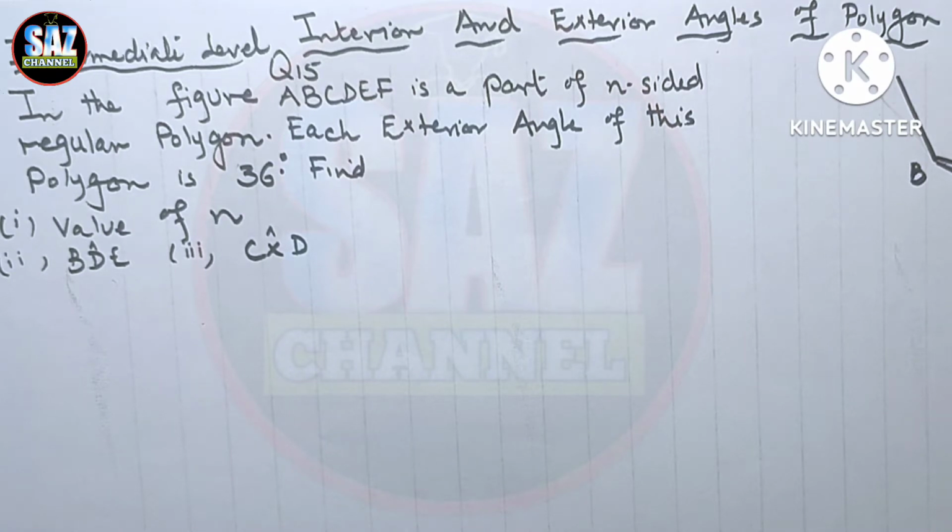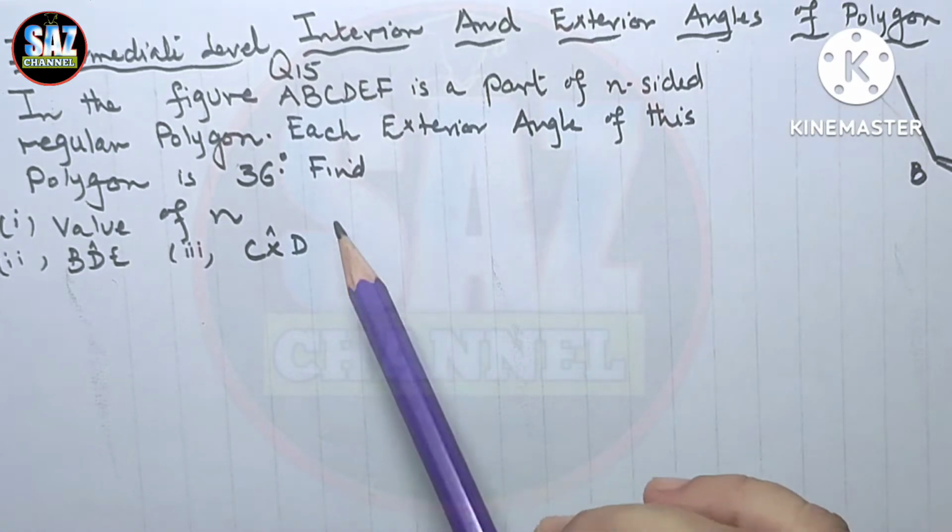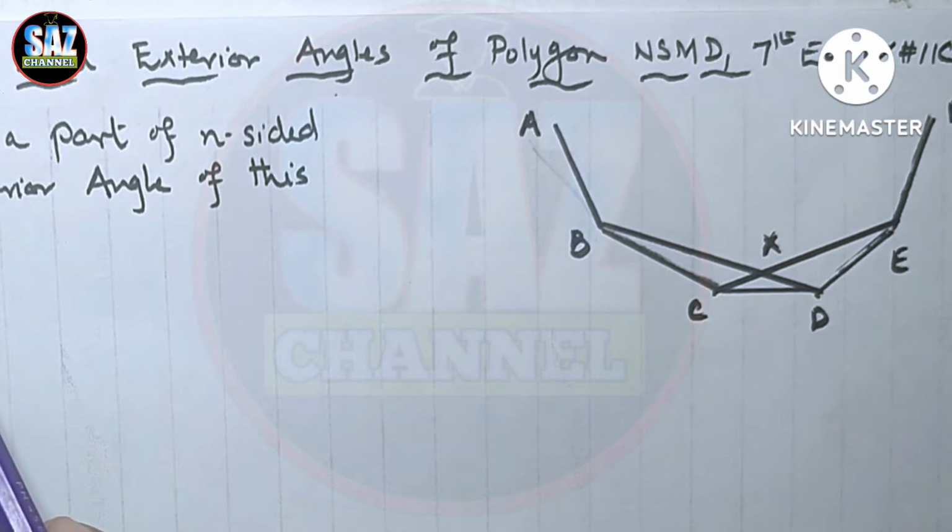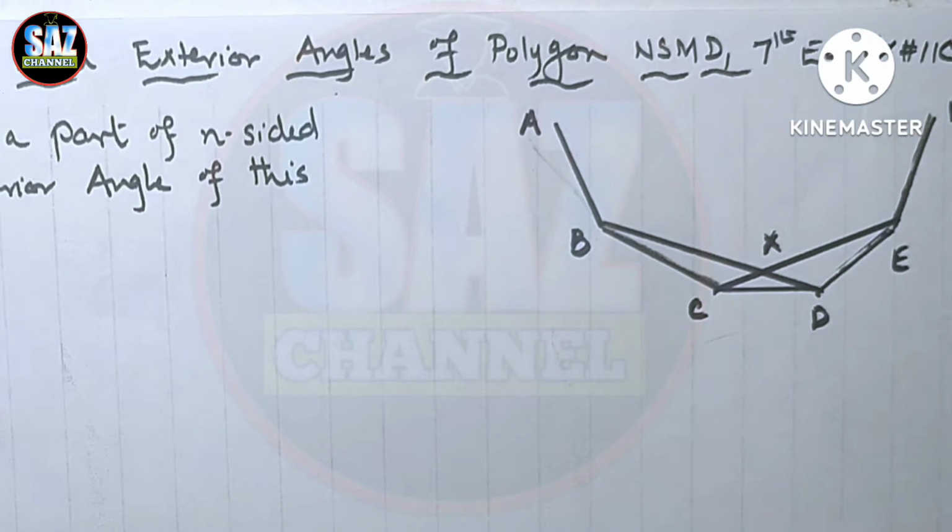Let's try to understand the question that A, B, C, D, E and F is a part of an n-sided regular polygon. What do we mean by the term regular polygon? If you recall my previous lessons, a regular polygon is a polygon in which all the sides and all the angles are of equal measure.